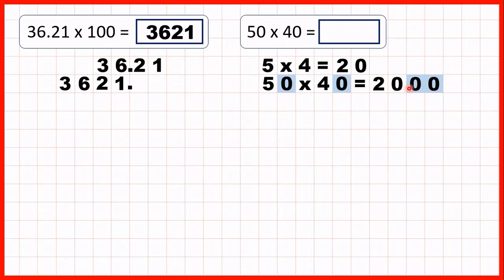Now it might look like we have 3 end zeros in the answer, but remember, this 0 here we got by multiplying 5 by 4, so we don't count this 0 here as an end 0. Instead, we write the answer to 5 times 4, count up the zeros in the question and put them on the end. So our answer is 2,000.